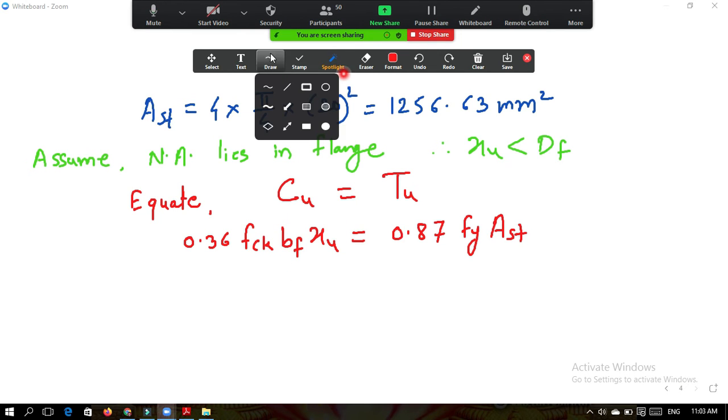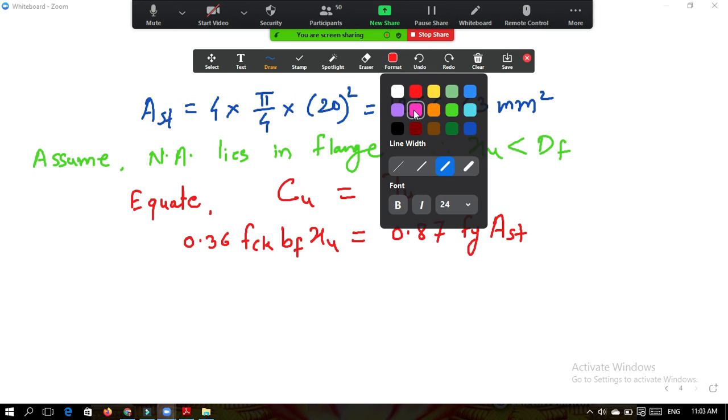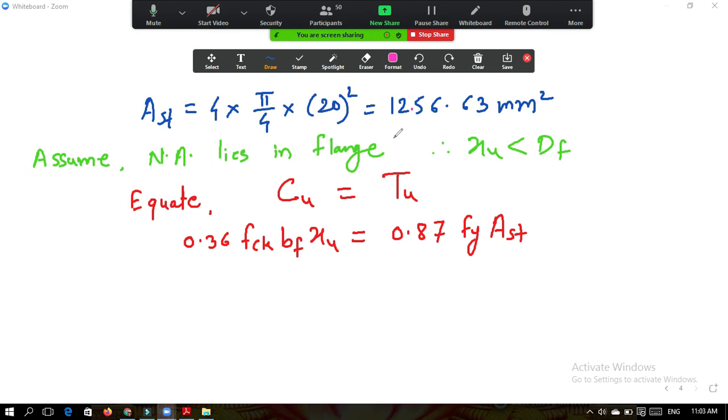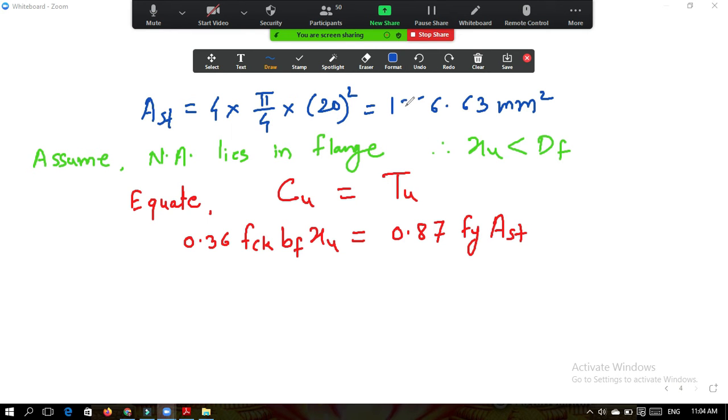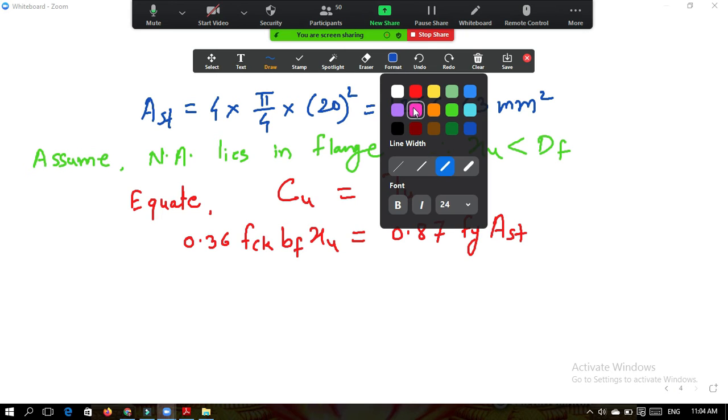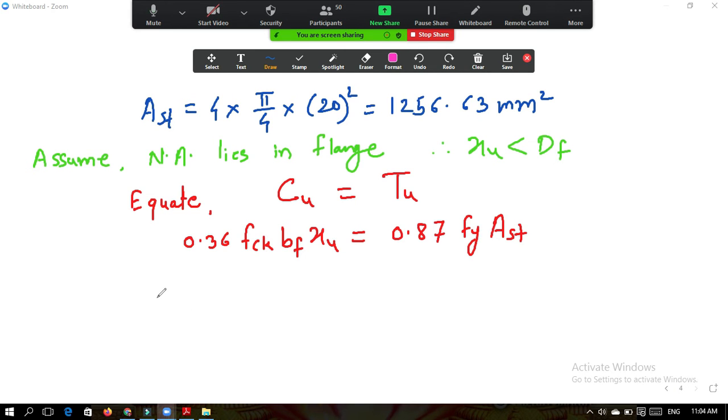Okay. So to find out the bf value, we will use the formula which is given in the IS code.